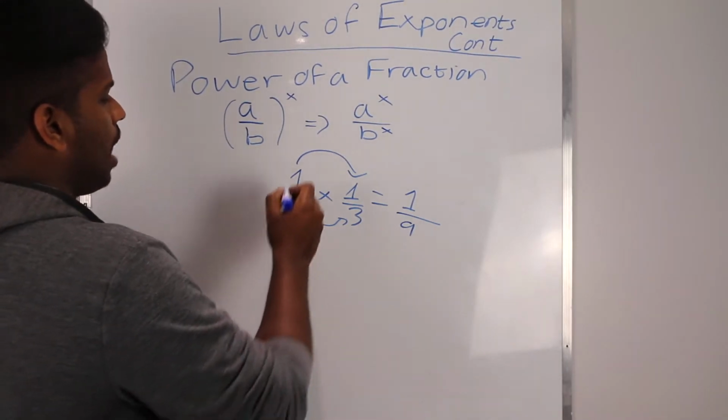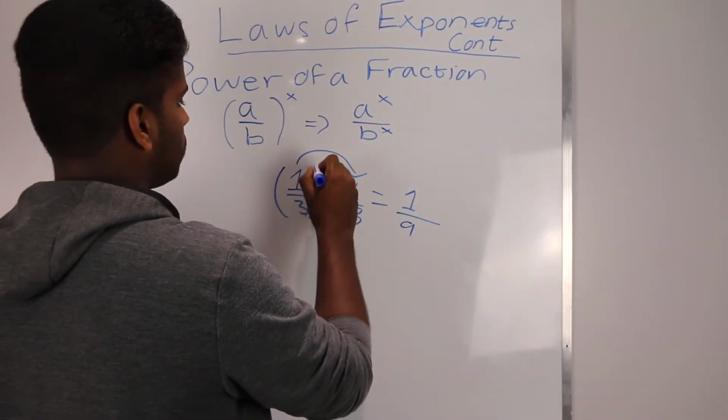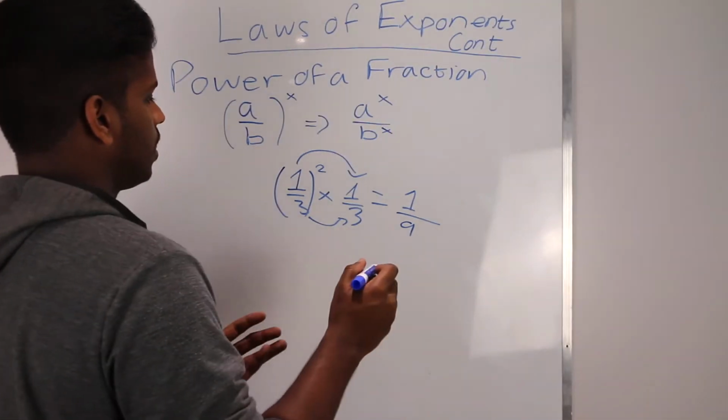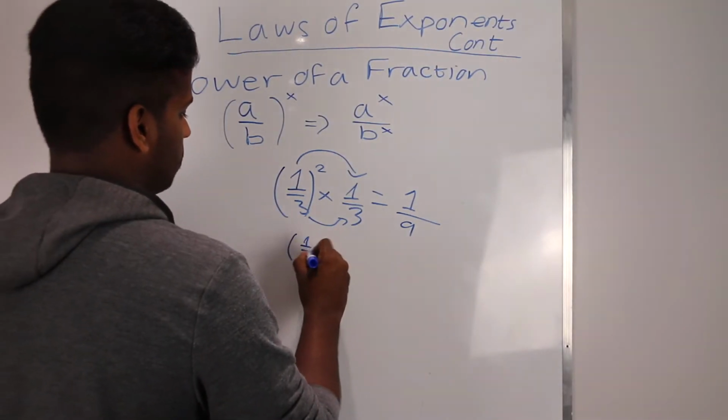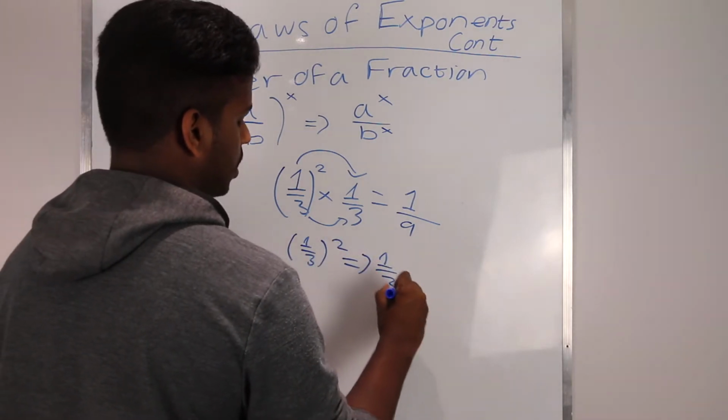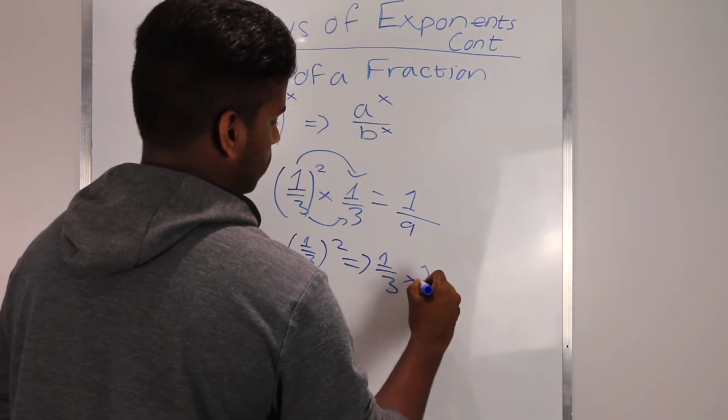So you have a fraction and you're raising it to the power of 2. Think about it: 1 over 3 to the power of 2. Basically, if you want me to write it out, you're multiplying 1/3 by itself 2 times.